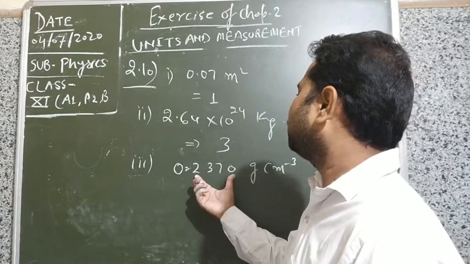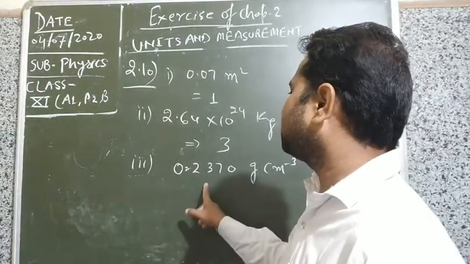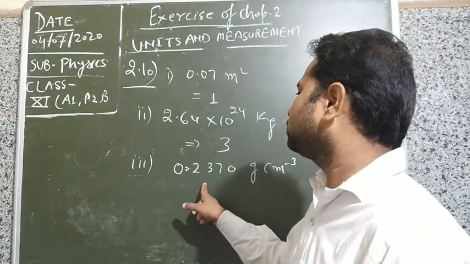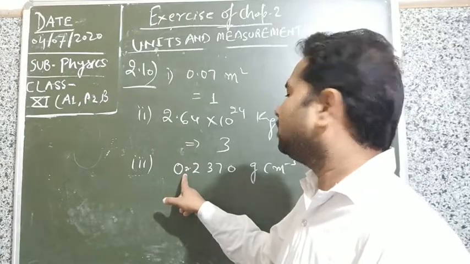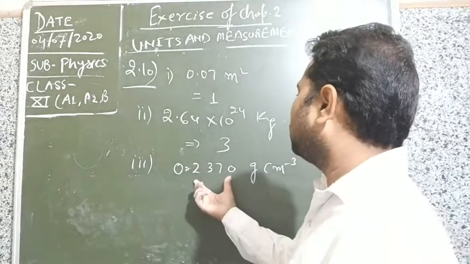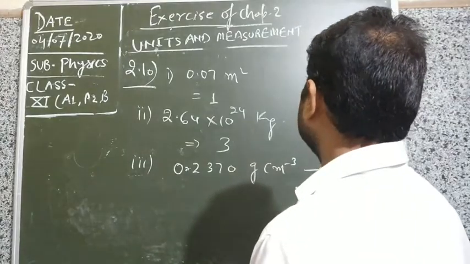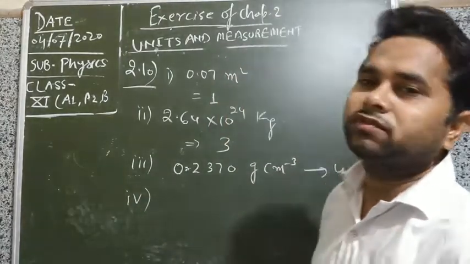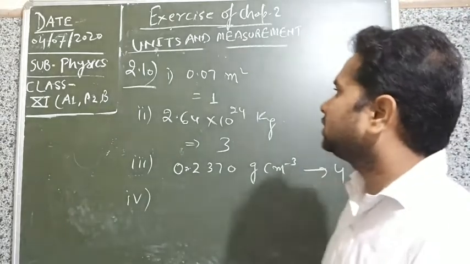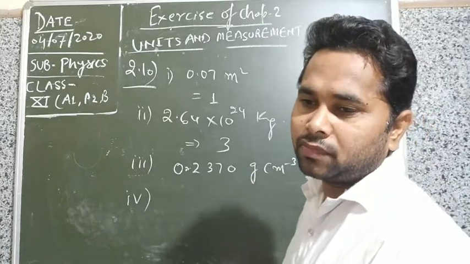All these 4 digits are significant figures because the number is less than 1 and there is no zero before a non-zero digit between the decimal point and the digit. So all these 4 are significant figures. Go through the rules for getting the significant figures. You can solve this question very easily.